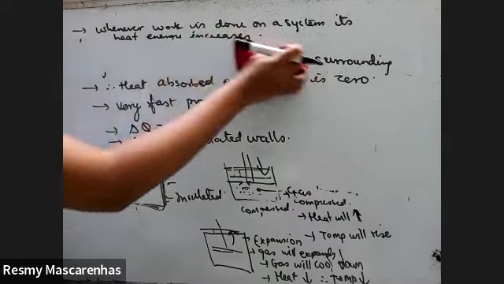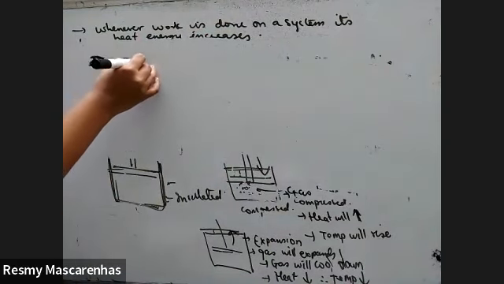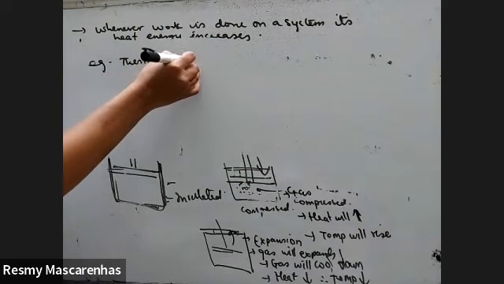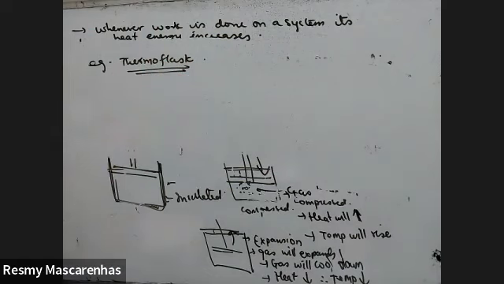You can take the example of a thermoflask. You know that your flask is insulated from all sides. Now consider you have put some hot tea inside. Whenever you move or shake this flask at a very high speed, the tea inside will become slightly hotter than the temperature it was at before.